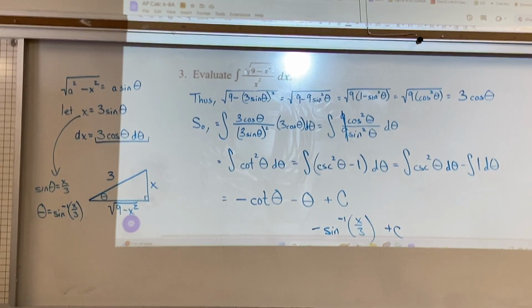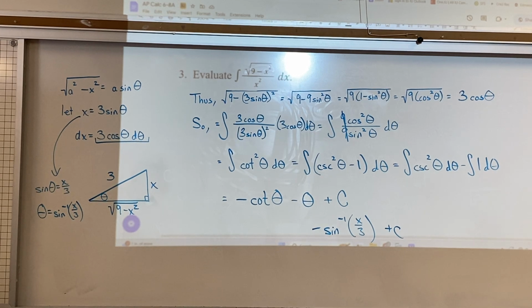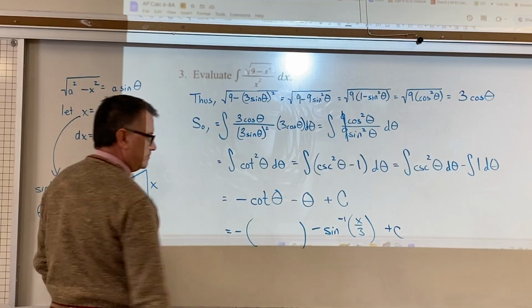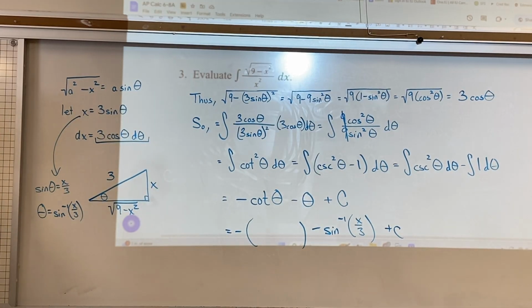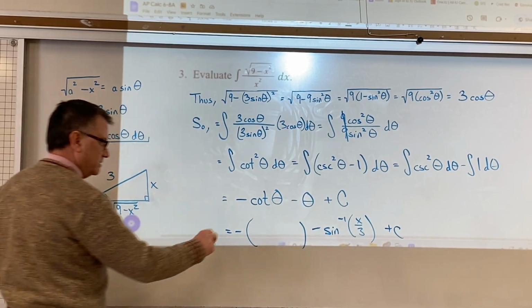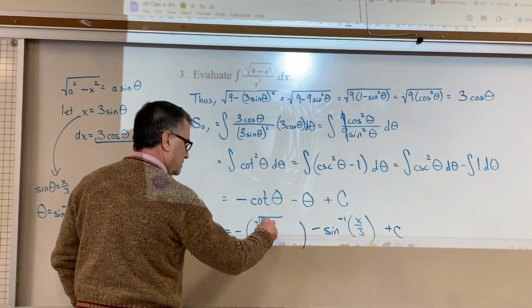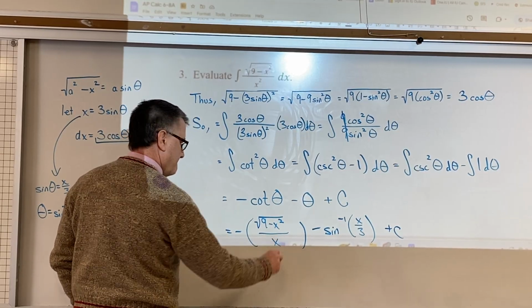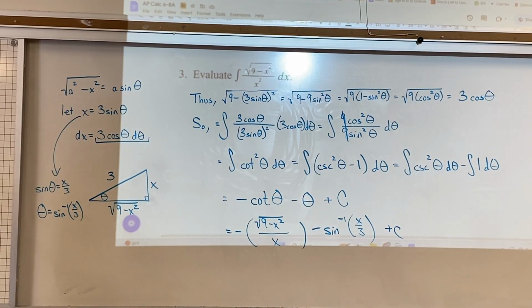Okay, that's theta. What about cotangent? Well, specifically, it's negative cotangent. Isn't cotangent adjacent over opposite with a negative sign in front of it?